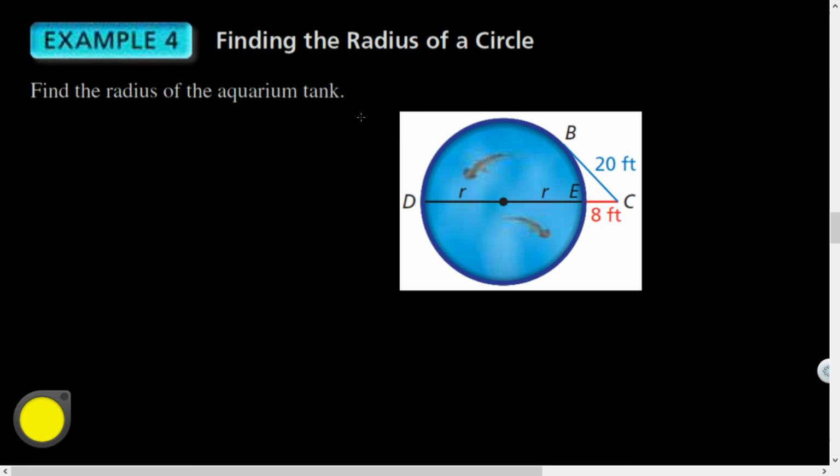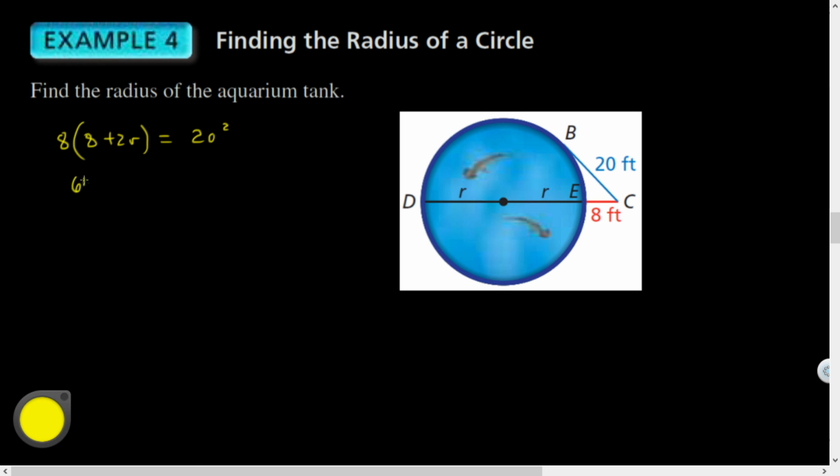So let's see. Find the radius of the aquarium tank. Okay. So I'm going to say that 8 times 8 plus 2r is going to equal 20 squared. You guys feeling that?